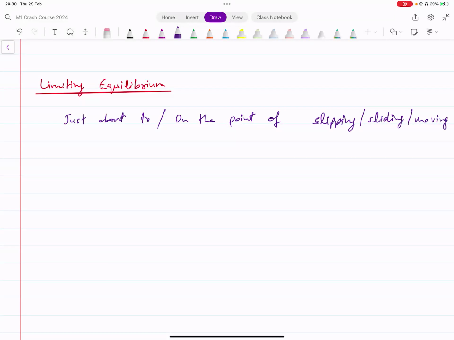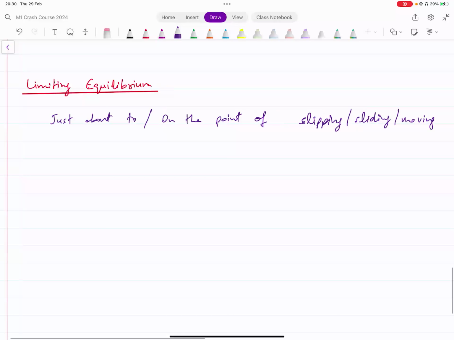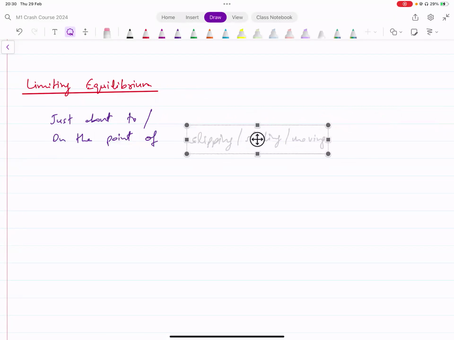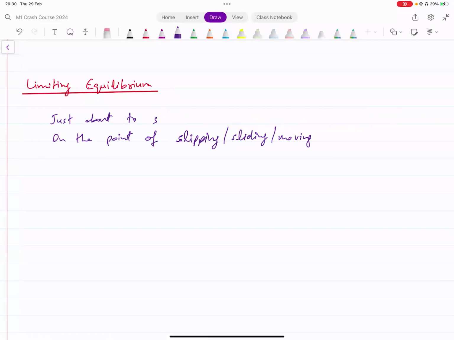So the object is just about to move. Actually, write it as two different things. It's on the point of slipping, or on the point of sliding, on the point of moving, or it could say it's just about to slip or slide or move.